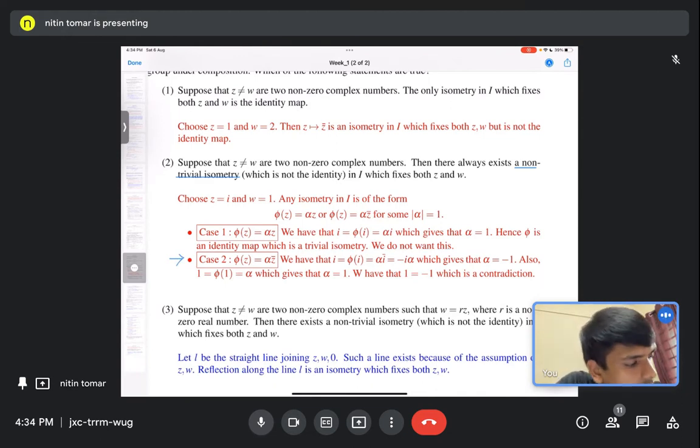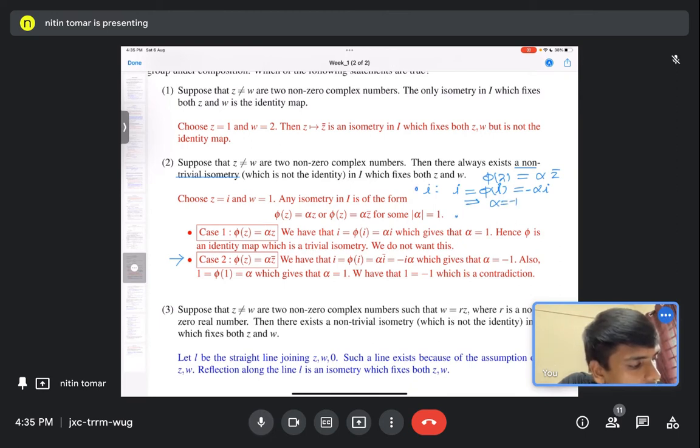So if phi z equal to alpha z bar, then at z equal to iota, because it should fix iota, iota should be equal to phi of iota, but by definition it should be alpha times conjugate of iota, which is minus iota. So this gives alpha to be minus 1, right?